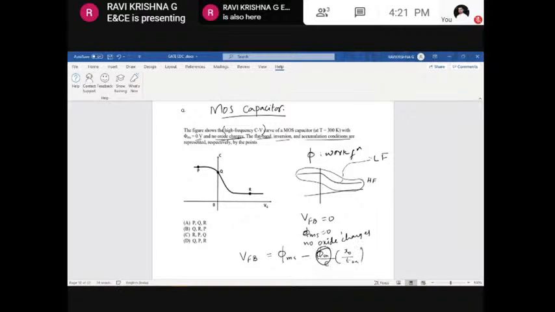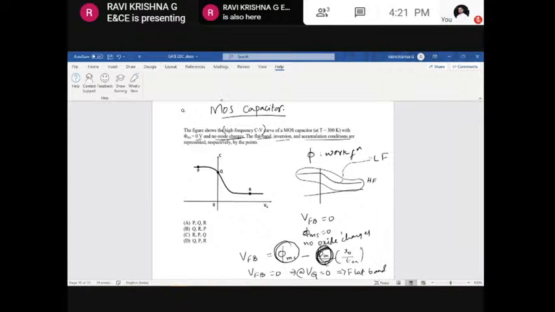Here the oxide charges are 0 and the work function is also 0. So if both these terms are 0, what happens to the flat band voltage? The flat band voltage will be 0, which means at gate potential Vg equal to 0, you will get the flat band condition.